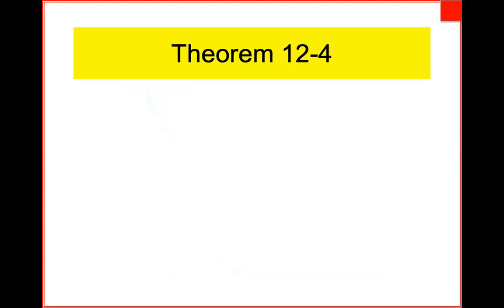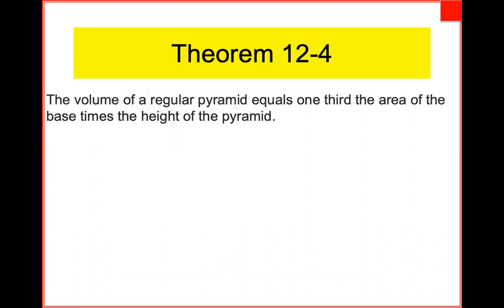So this is Theorem 12.4, which basically says, if 3 pyramids make 1 prism, then I should be able to take the prism formula and divide it by 3 to find 1 pyramid. And that literally is what the formula says. Remember yesterday, the volume of a prism was base area times height. Therefore, if 3 pyramids make 1 prism, take the prism formula and divide by 3.